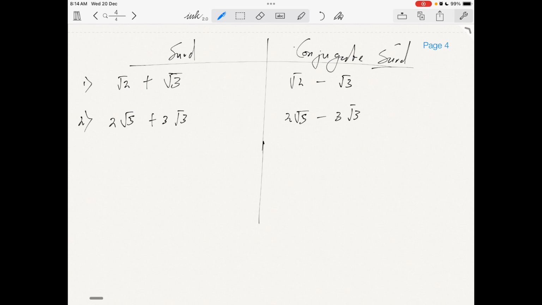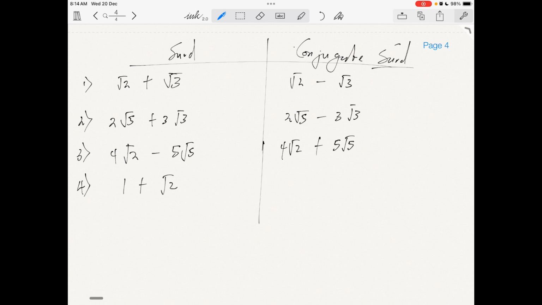Going further, we have 4 root 2 minus 5 root 5. Since it is a negative sign, we change to positive, so we have 4 root 2 plus 5 root 5. And finally, we can also have 1 plus root 2.